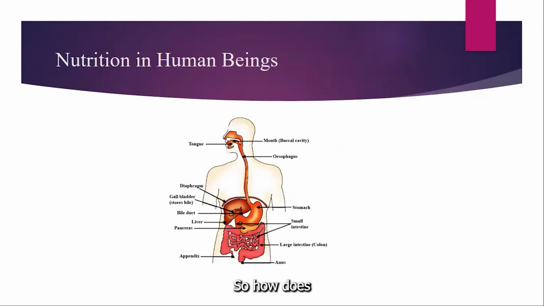So, how does nutrition in human beings take place? It is done by the alimentary canal. The alimentary canal is basically a long tube which extends from the mouth to the anus. Now let's concentrate on each of the parts of the digestive system.